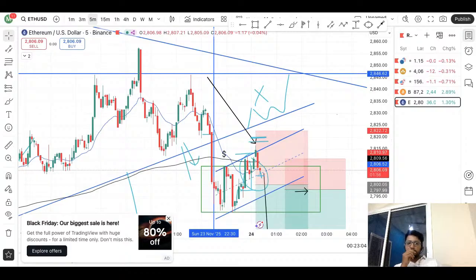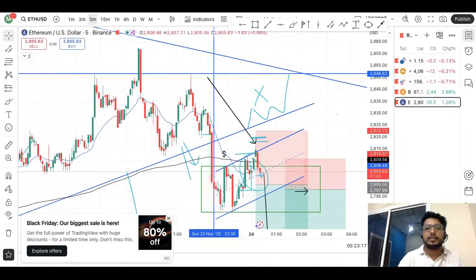We are still at break even. Just wait for some time, guys. You can see the chart. It's moving nicely. Let's see how this can perform.